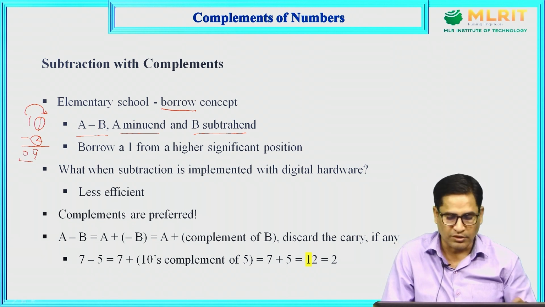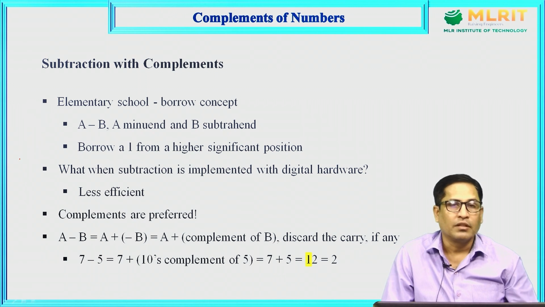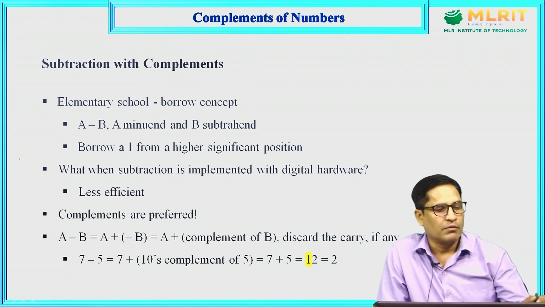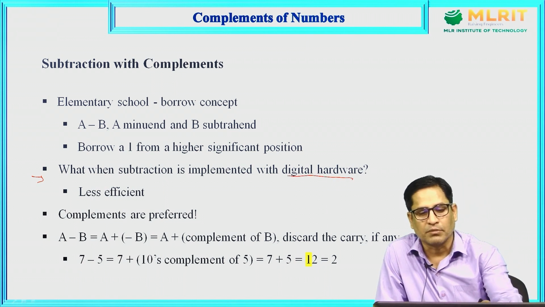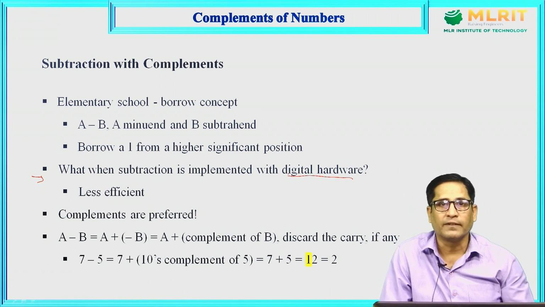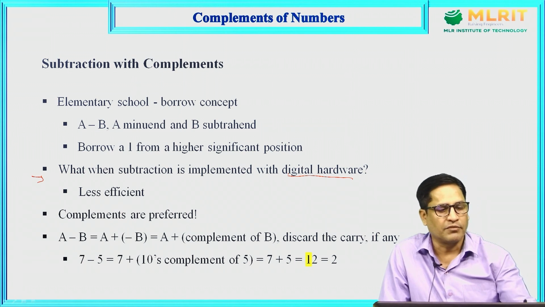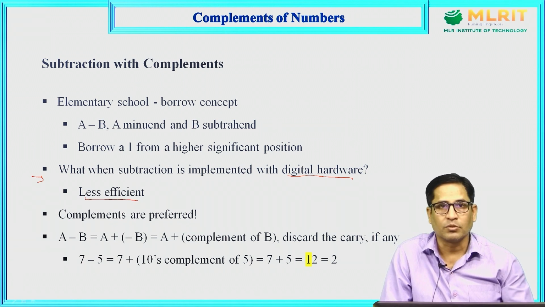So this is the concept of borrow, and then we complete the subtraction. But the problem is, if this logic is implemented in digital computer systems with digital hardware, that means gates and transistors, then this process will be quite complex and less efficient.